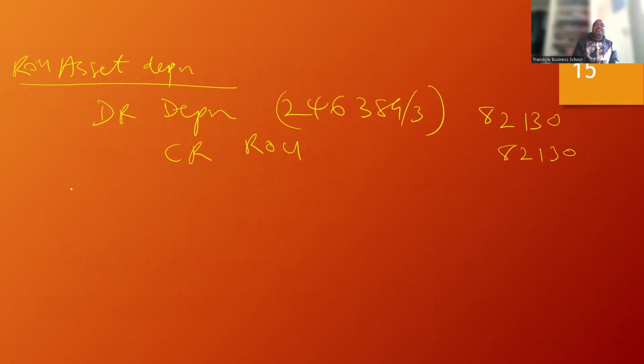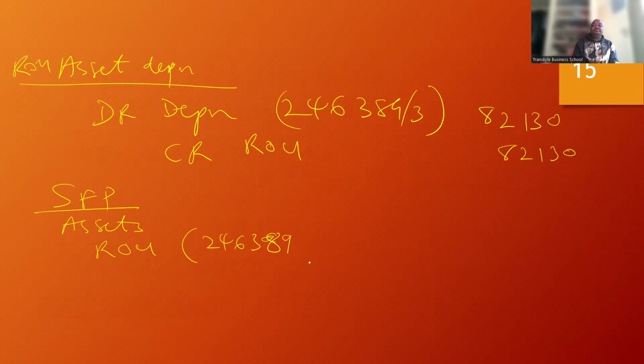So actually, in the SFP, under assets, the right-of-use asset is going to be 246,389 minus the depreciation, which is this credit of 82,130.